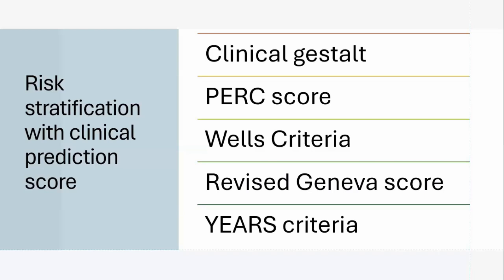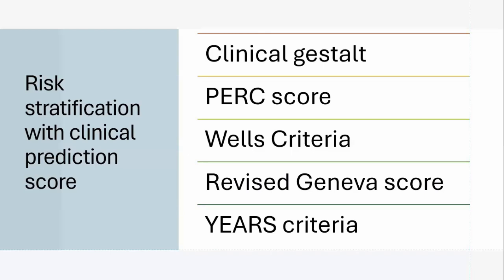So we'll go into each of these scores a little bit. Obviously, I don't think any of us can recall these scores from the top of our head. That's why we use MDCalc. It's so nice. It tells you when to use these things, what the pearls are, when you should avoid it, and it gives you the evidence behind it.